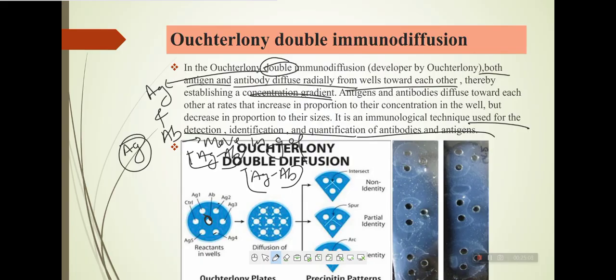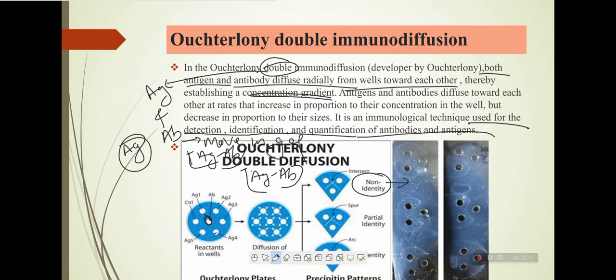How can we determine this identity, and what does each reaction specify? Non-identity occurs when two antigens are unrelated.